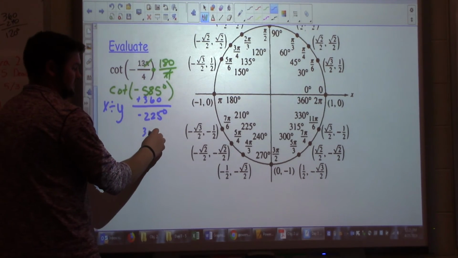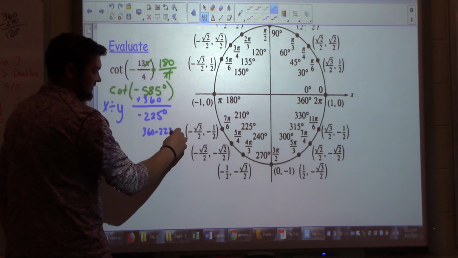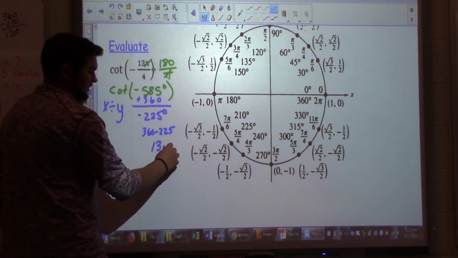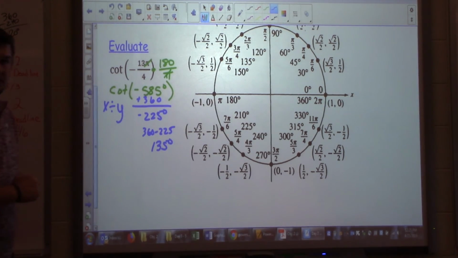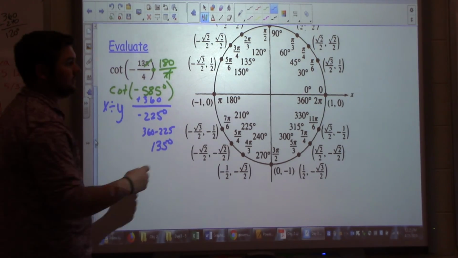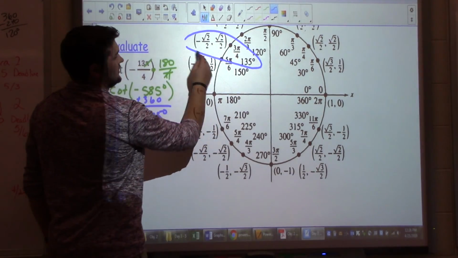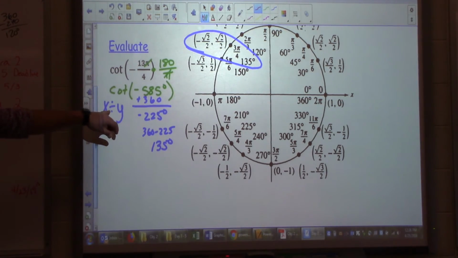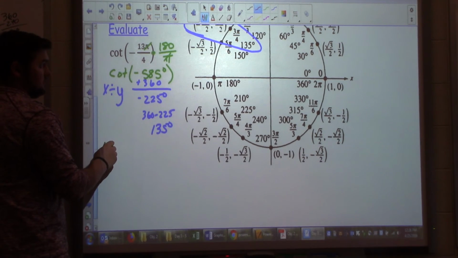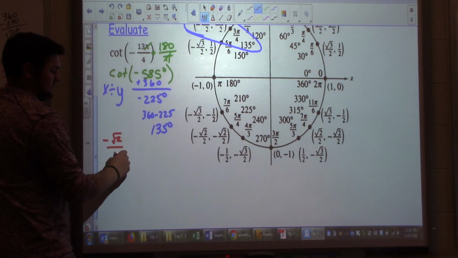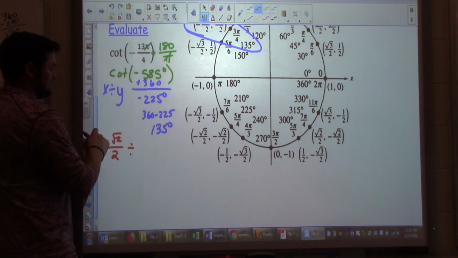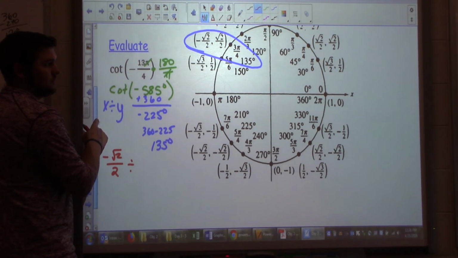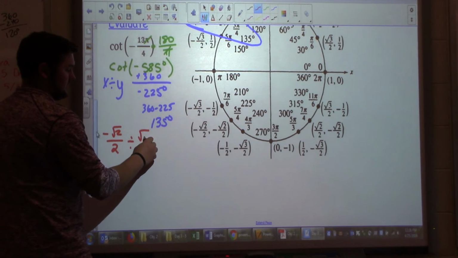I can do 360 minus 225, and I should get 135 degrees. So I know that's where I'm going to be looking, 135 degrees. At 135 degrees, it says I want x divided by y. Well, what's my x value there? Negative square root of 2 over 2, divided by, what's my y value? Square root of 2 over 2.